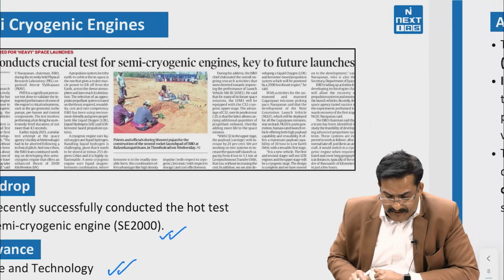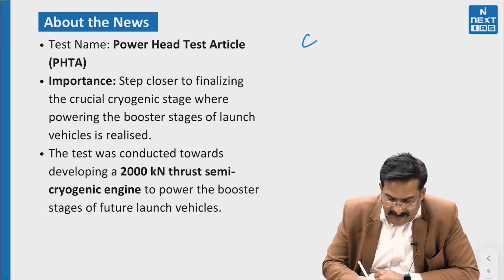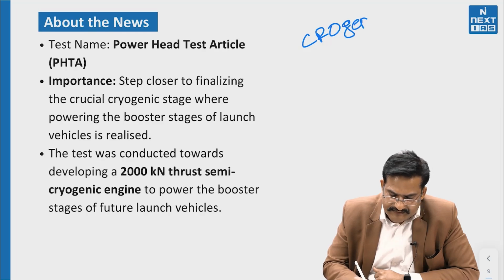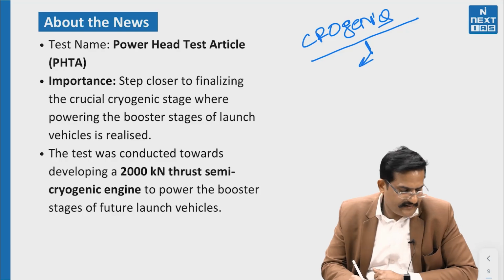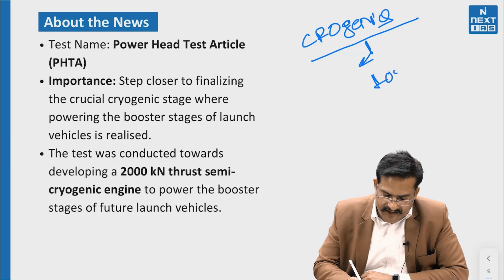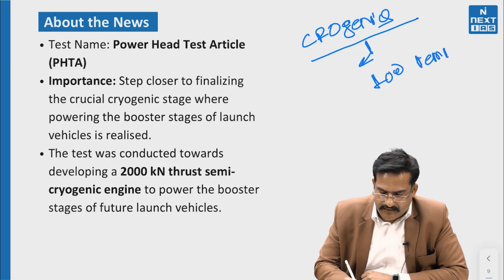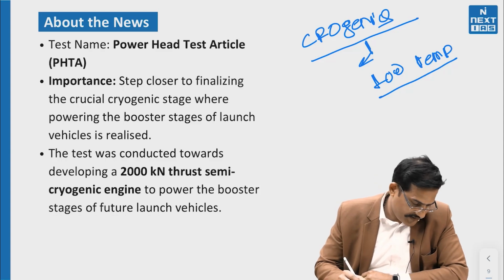Before going to the topic, let us try to understand the meaning of cryogenics. Cryogenics simply means the production and behavior of materials at very low temperatures. How materials behave and are produced at low temperatures is known as cryogenics.